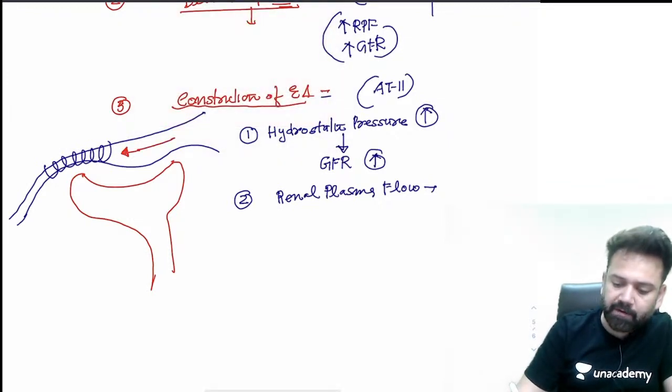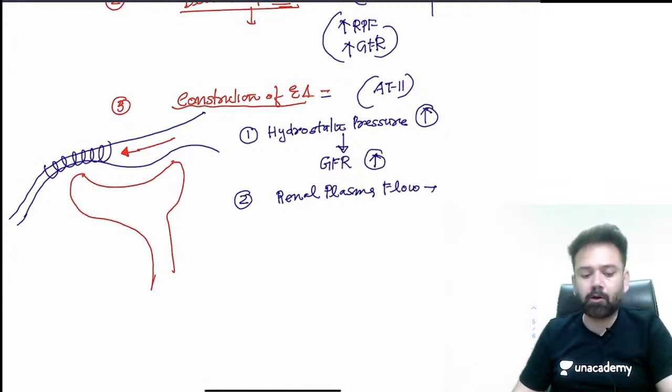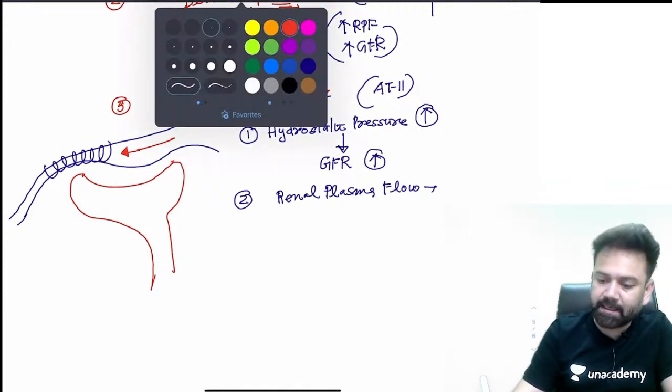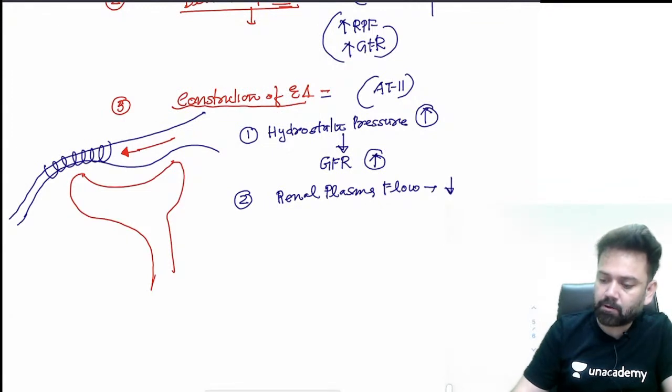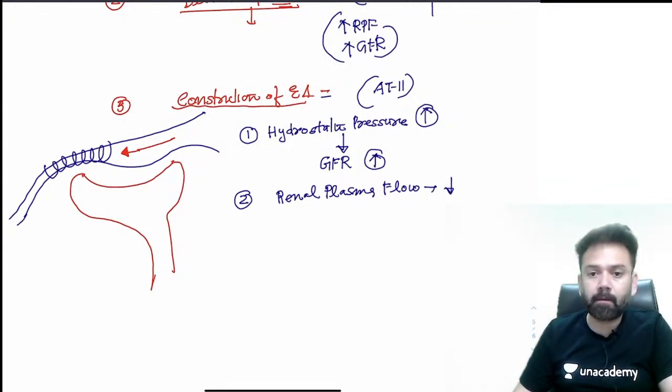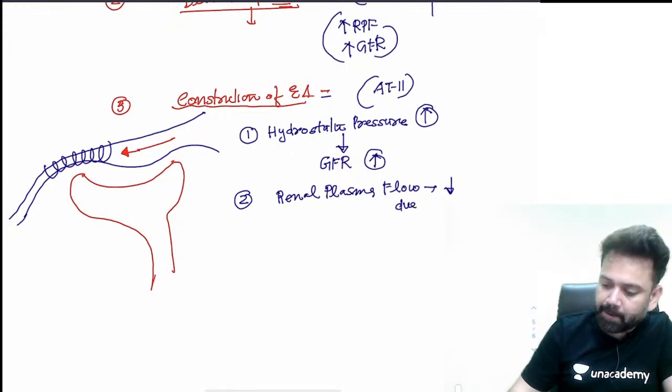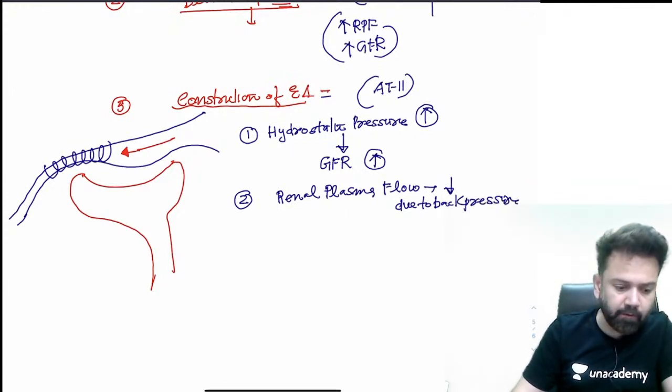If there is constriction of the efferent arteriole, this will obviously decrease. Yes or no? Because of the back pressure. You can see here in the diagram, due to back pressure, renal plasma flow is going to decrease.